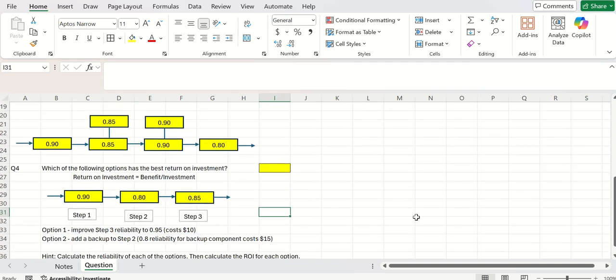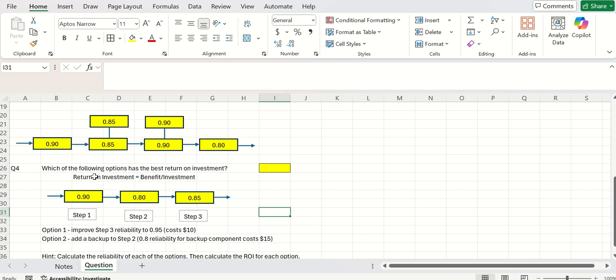Question 4 goes into a concept of, as an operations manager, you're going to need to make a decision at times on how to improve the probability or the reliability of a system. We can improve the reliability of a system either through increasing the reliability of a single component or by adding a backup. When we do that, we do add a cost.